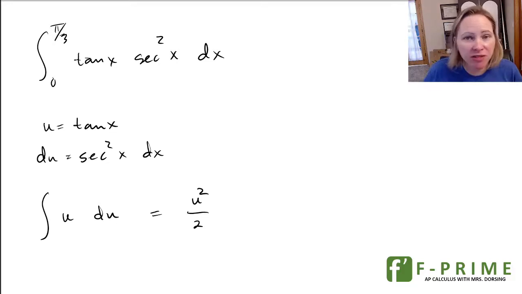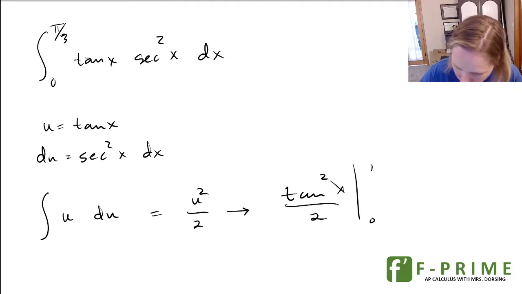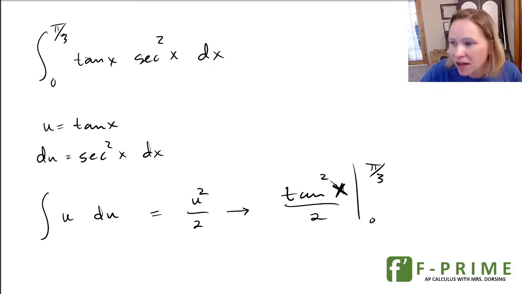Notice I don't have my limits of integration here, and that's on purpose, which is going to be tangent squared x over 2 evaluated from 0 to pi over 3, which when we plug these in, we should get the same exact answer.